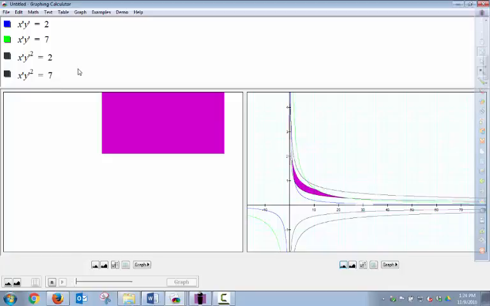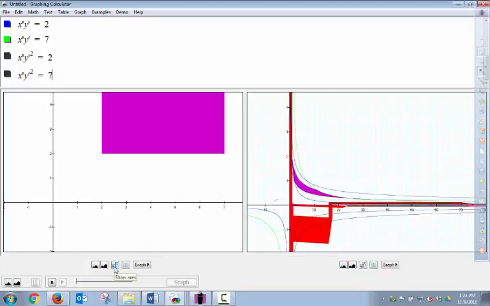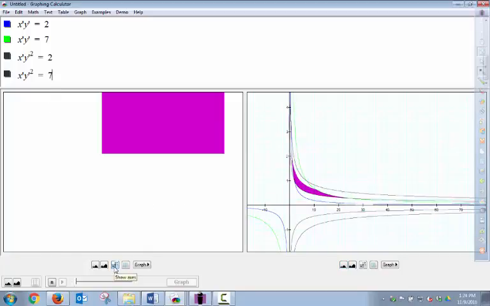Are we okay with this? Aside from my graph not touching. Right? Why did the last one not touch? I don't know. Oh well, we'll have to figure it out later.